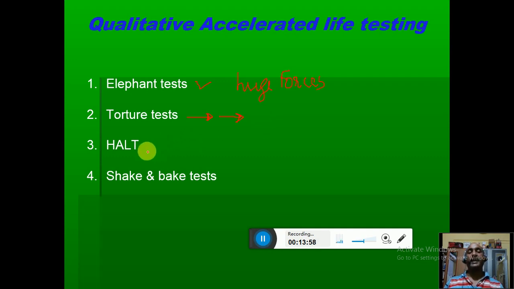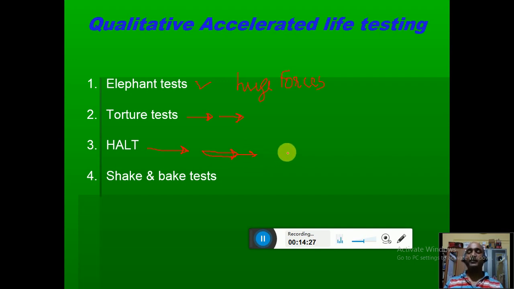Then HALT means highly accelerated life testing. What we do is first find out the way the component is decaying. Then we create an environment so that its decay rate is increased to a very high rate, so that we can easily find out its life.